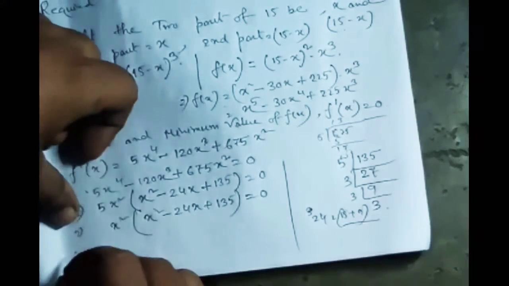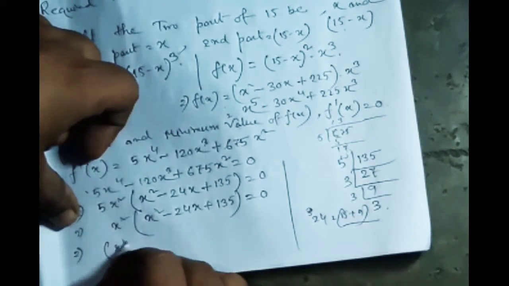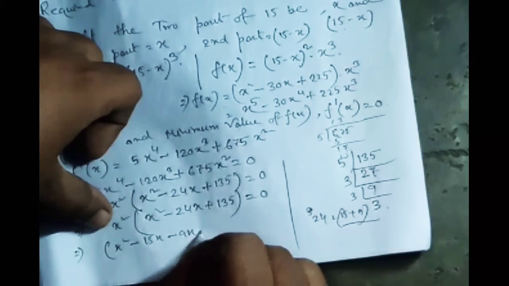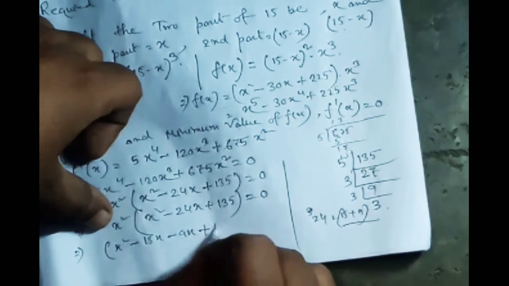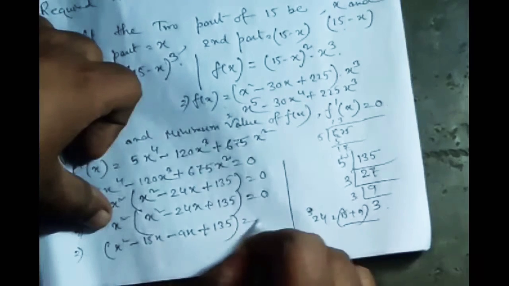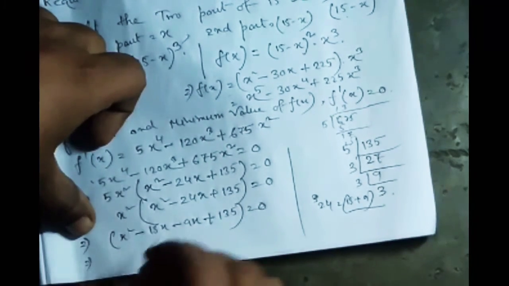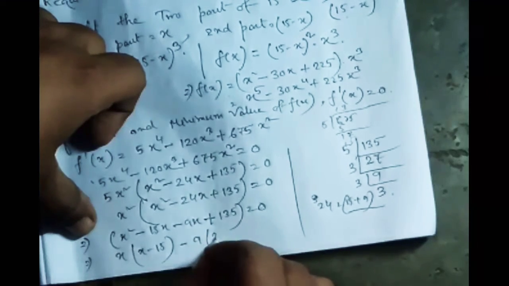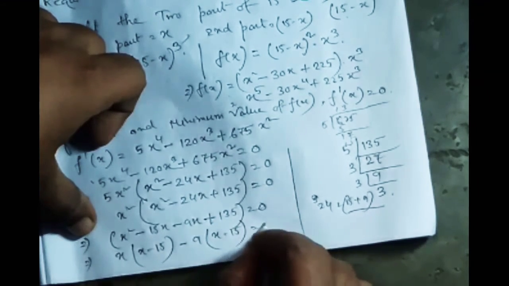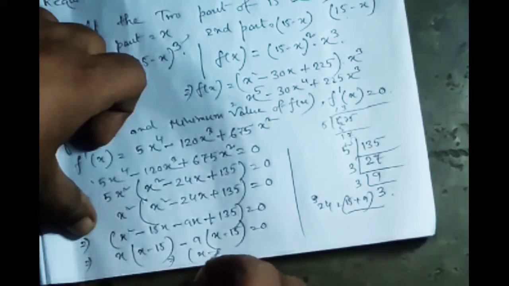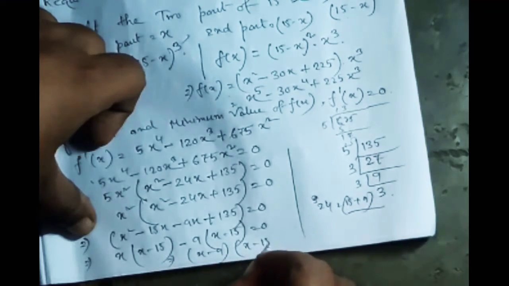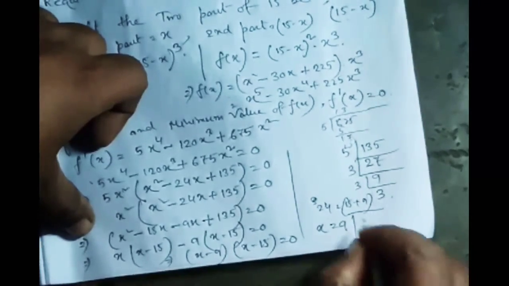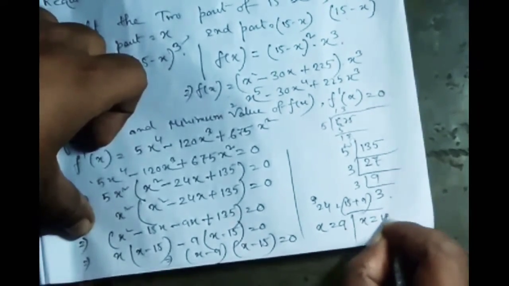So here we will get x square minus 15x minus 9x plus 135 equals 0. From here, x minus 15 minus 9 times x minus 15 equals 0. It can be written as x minus 9 times x minus 15 equals 0. So x equals either 9 or x equals 15.